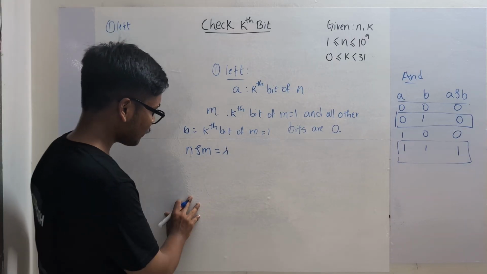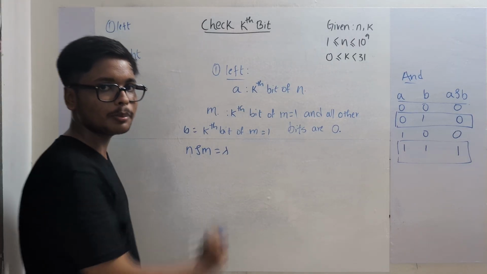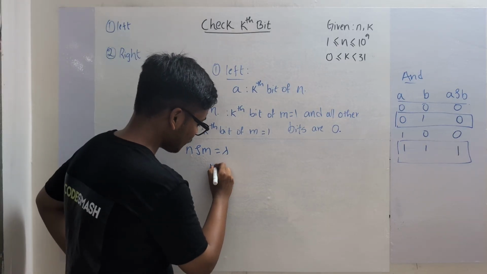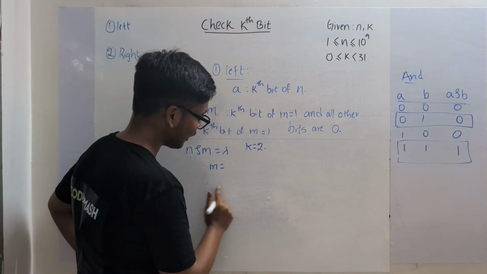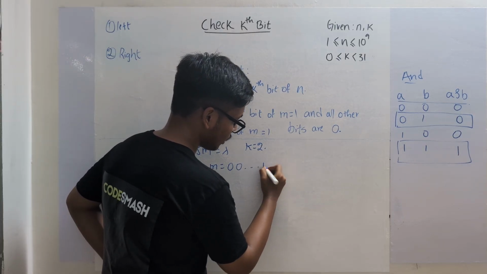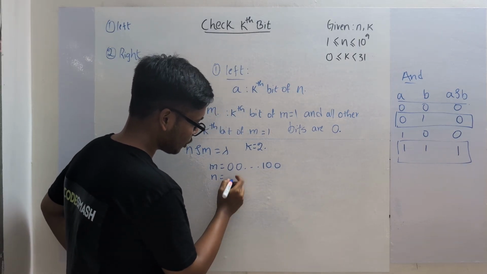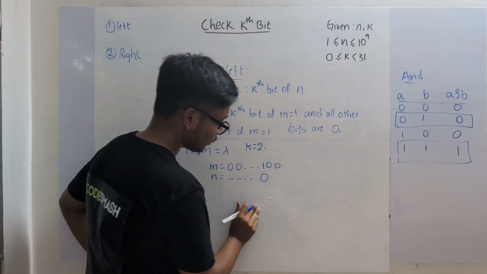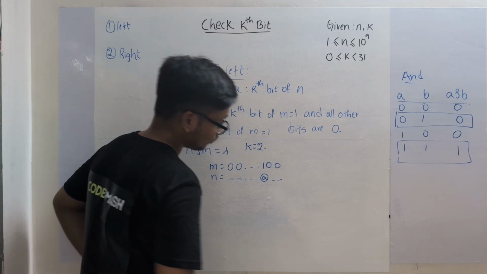If we look closely, except the kth bit of m, all other bits are zeros. So if we write m, let k be 2. If we write m as 0 0 and so on, 1 0 0, and let us write n. We don't have values here, so let us keep them empty. N, this is a, and then we don't know these values.